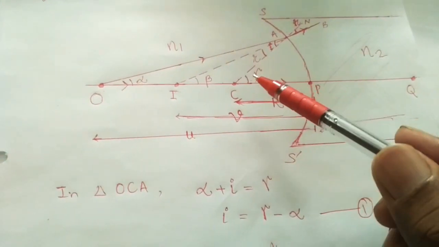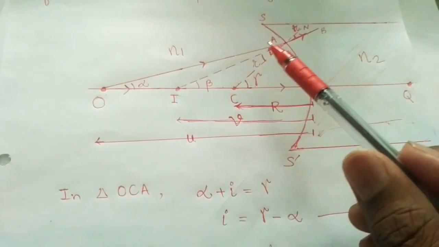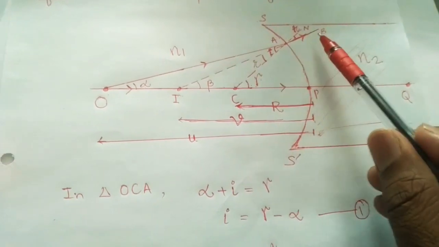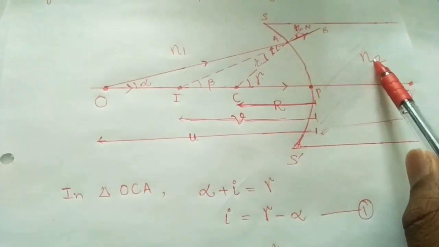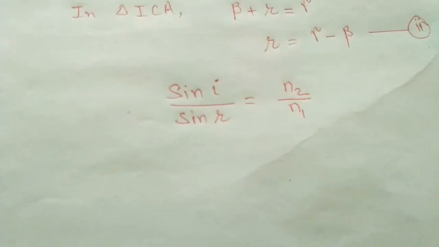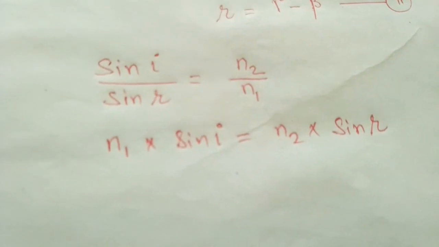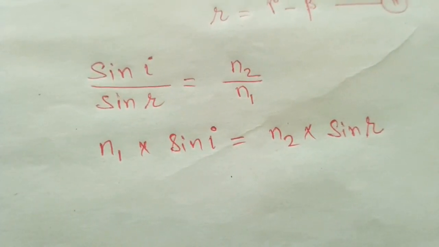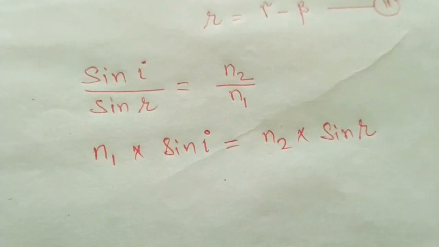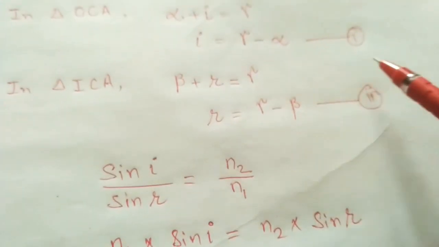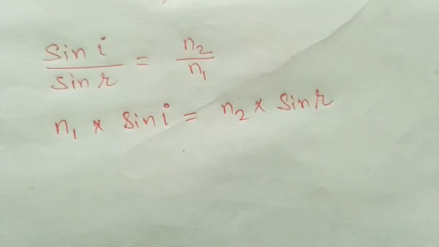So we can say the sine of angle of incidence upon sine of angle of refraction is equal to N2 upon N1 in the equation form. See here, sine I by sine R is equal to N2 upon N1, or N1 into sine I is equal to N2 into sine R. Now put the value of I and R from equation 1 and 2 here.